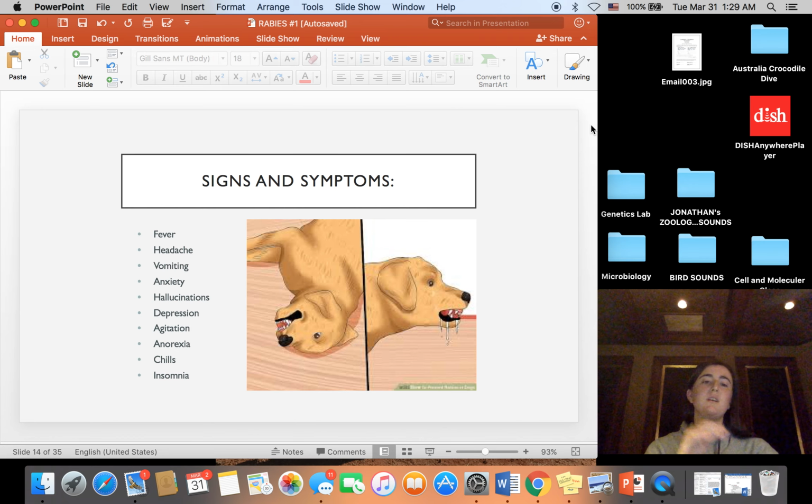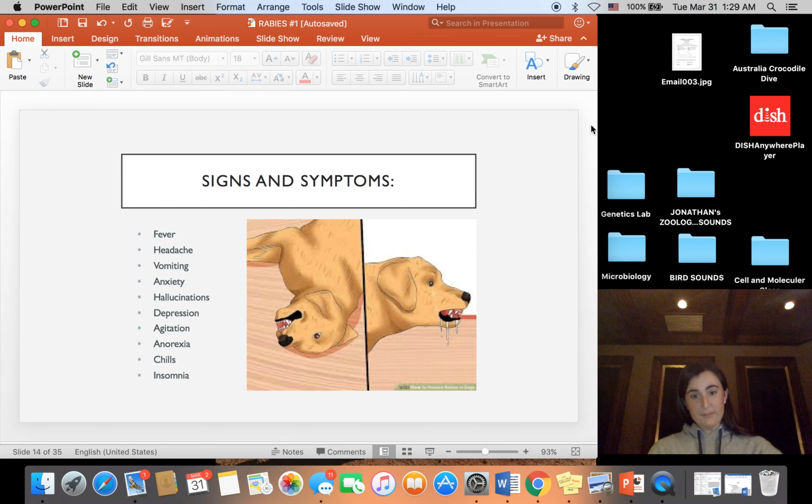Some signs and symptoms that rabies causes are fever, headaches, vomiting, anxiety, hallucinations, depression, agitation, anorexia, chills, and insomnia.